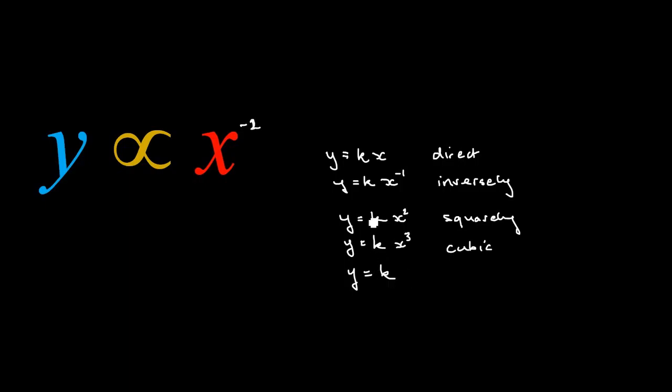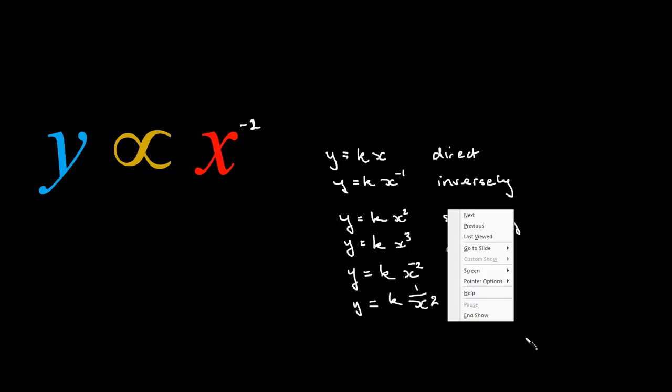So the constant of proportionality and -2 is going to be the same as y equals the constant of proportionality times 1 over x squared. So that would be what that means. So negative, in the laws of indices, the negative means 1 over. So it's just 1 over x squared.